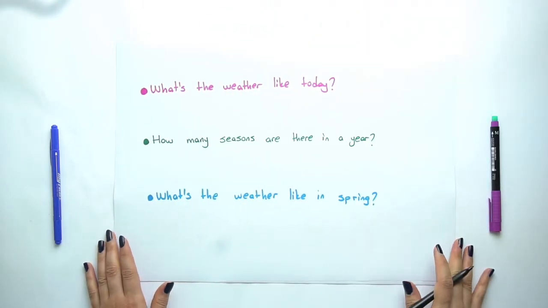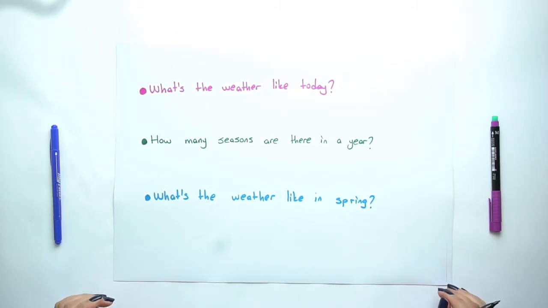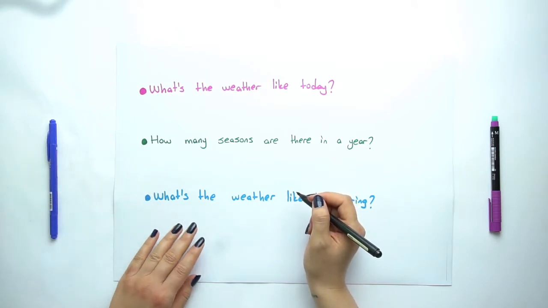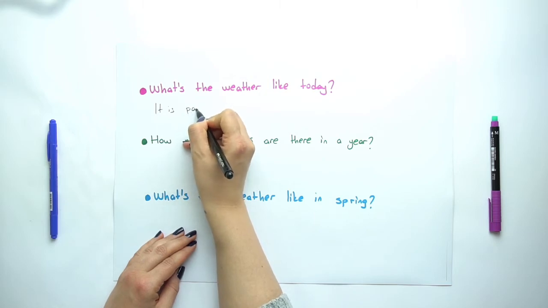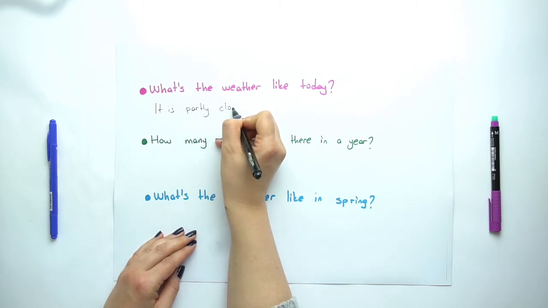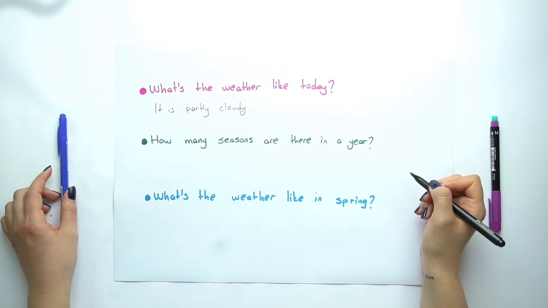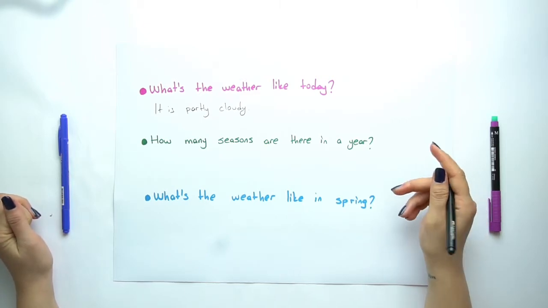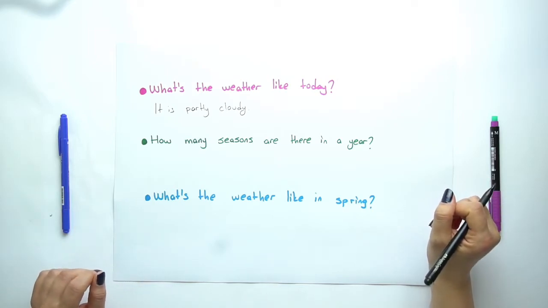Now, here in this part, we have some questions about weather types and seasons. Now, what's the weather like today? So, today it is partly cloudy. And let's continue with the second one. How many seasons are there in a year? Think about the seasons. We have 4 seasons in a year.